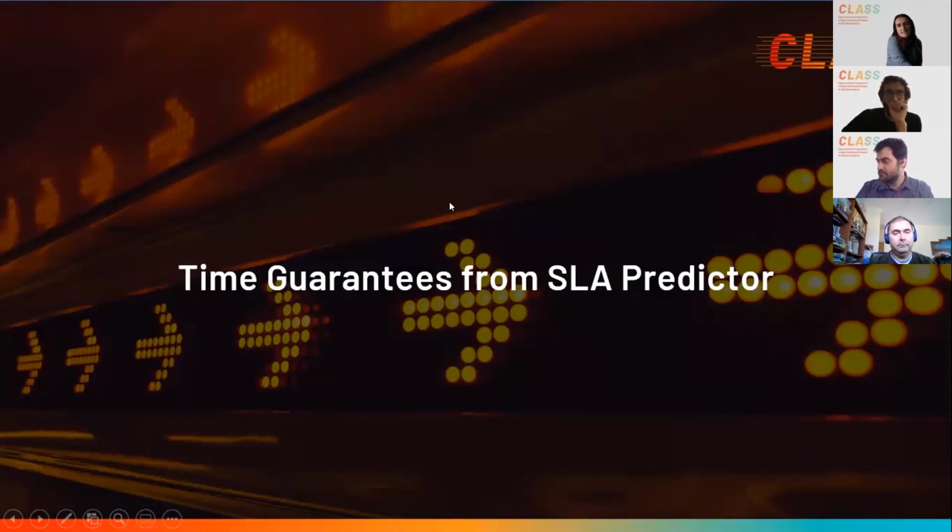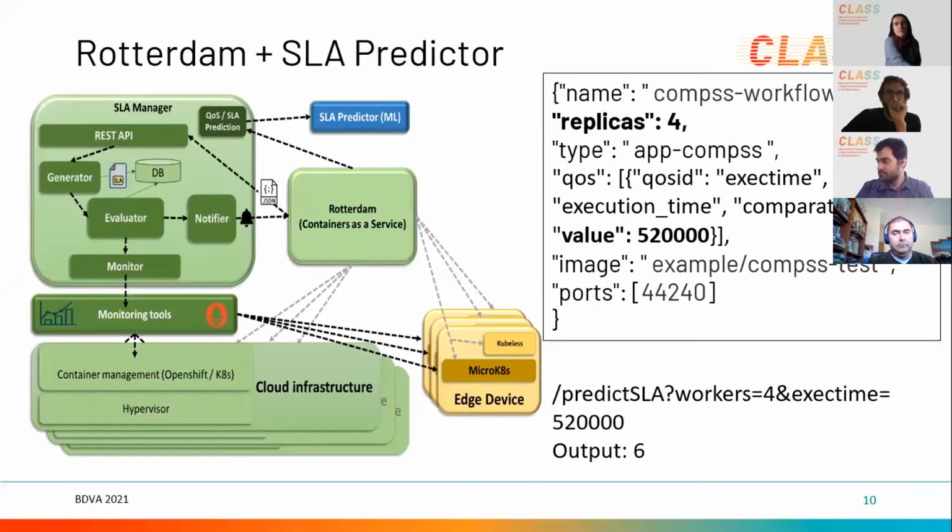And the idea is, what if we could predict the optimal number of initial workers instead of waiting in real time to scale the number of workers. For this, we have introduced a new model that we call the SLA predictor.